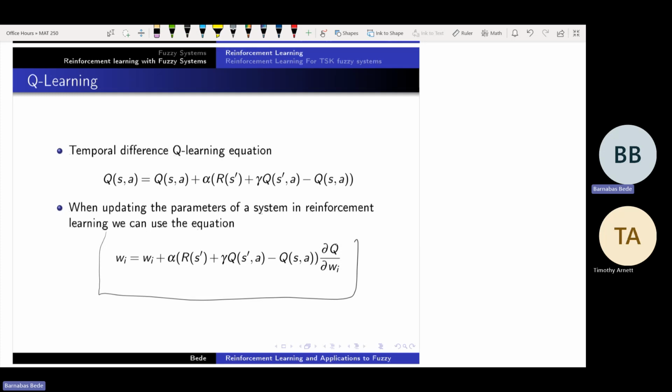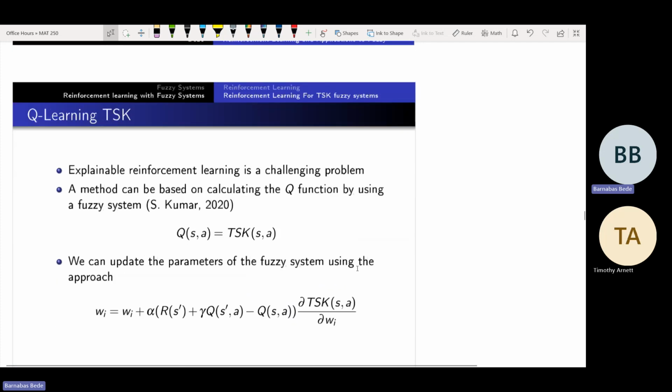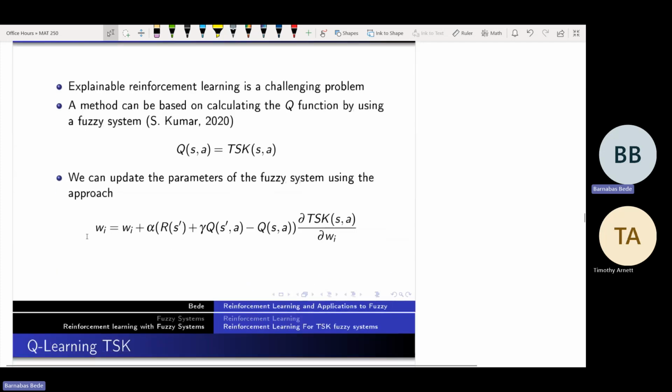Then we will have here the Takagi-Sugeno output derivative with respect to the parameters of the system itself. So everything is updated via Q-learning the usual way, except the parameters of the Takagi-Sugeno system are updated via these equations.